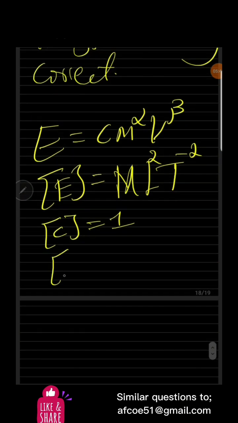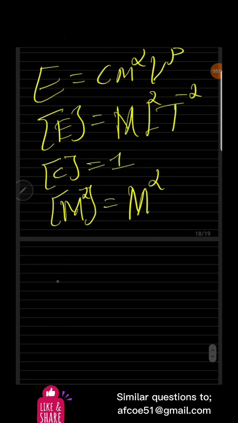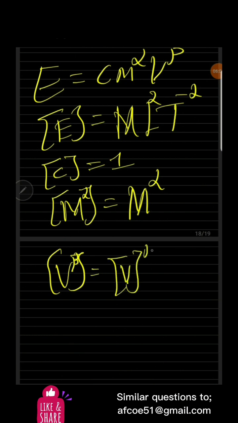And the dimensions of m to the alpha is mass. Dimensions of m is simply M, but in this case it is to the power alpha. Then the dimensions of v to the beta will be the dimensions of v all to the beta.